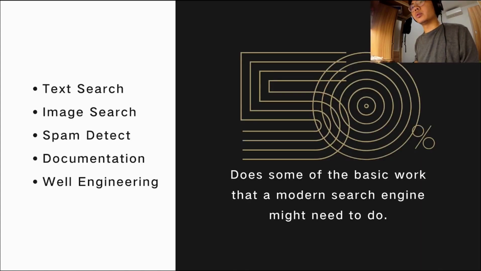Allow me to recap what Marianne is. Marianne is a search engine built from scratch with keyword-based text search, content-based image retrieval, and a machine learning model for spam detection. It seems a lot, but there is still a long way to go before a truly modern search engine.